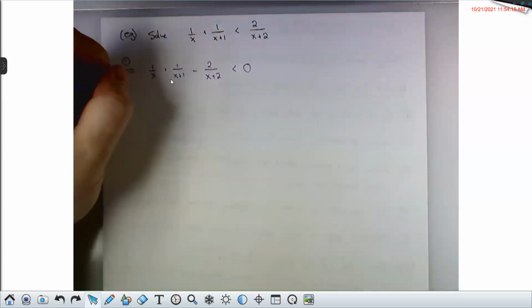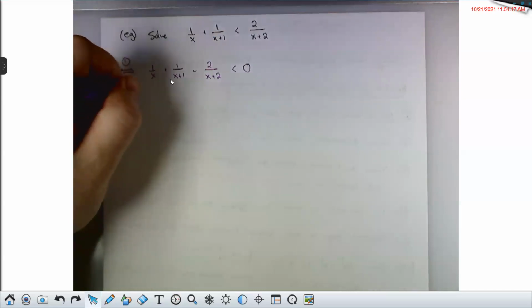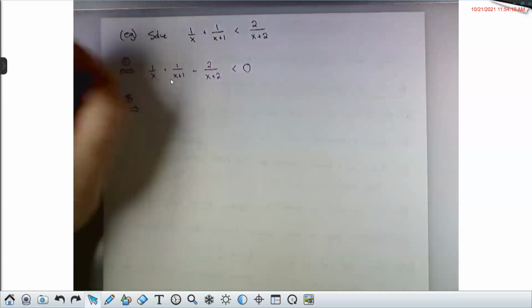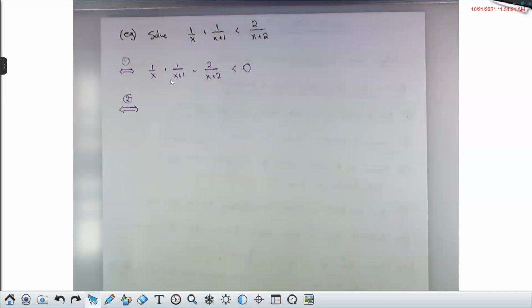Then I need a common denominator. What am I going to use for my common denominator here? Would it be x times x plus 1 times x plus 2? Very good.